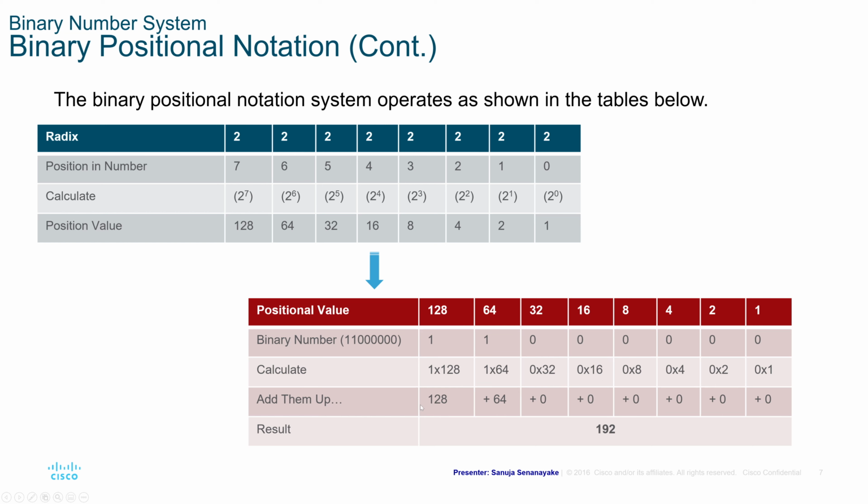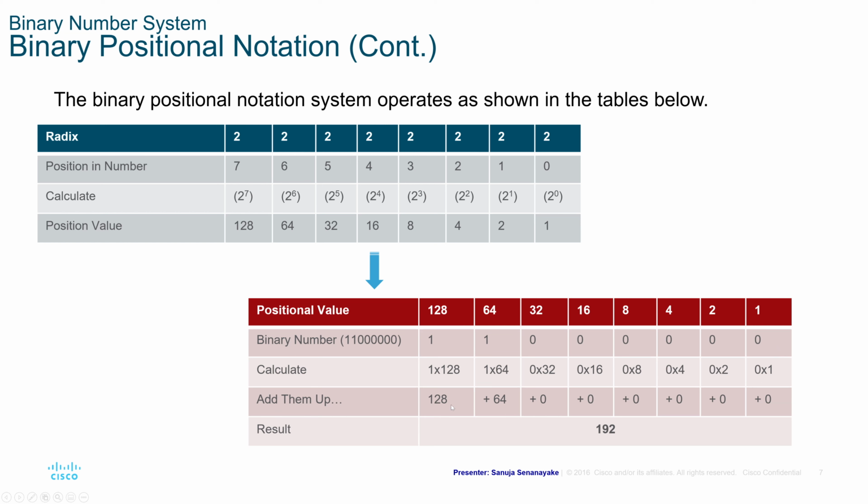So if you have a binary number in this example as 11000000, and you want to know the decimal value of that number, the very first bit is going to have 128, and we have one of them, so 1 times 128, plus we have 1 times 64, we have another bit here, and here there is no bit, so we're going to say 0 times 32 is 0, and 0 times 16 is 0, 0 times 8 is 0, 0 times 4 is 0, 0 times 2 is 0, and 0 times 1 is 0.